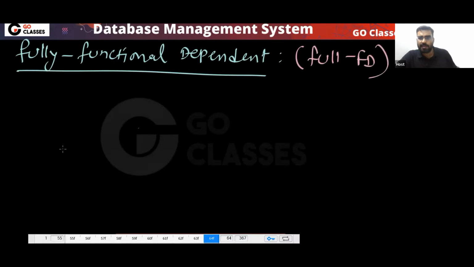So when can I say it? A very simple definition: alpha determines beta, and this is full dependency.